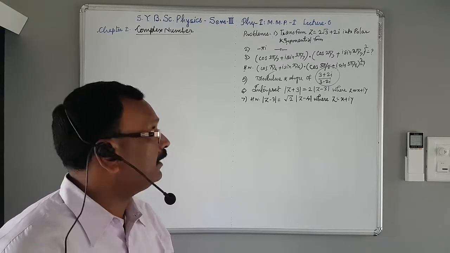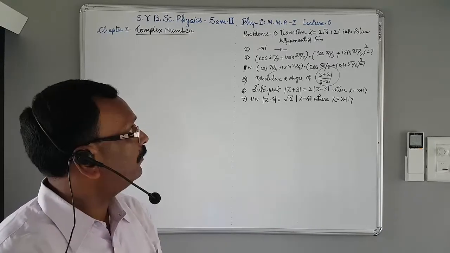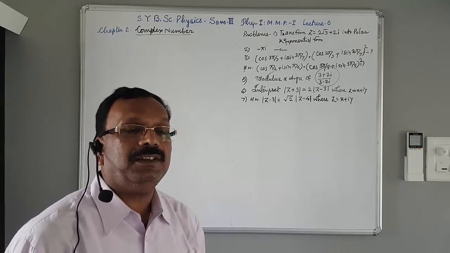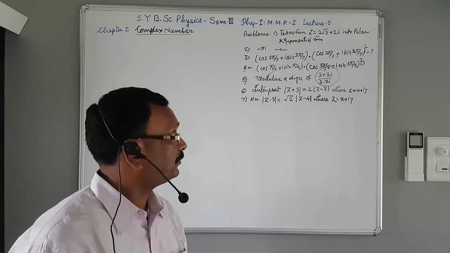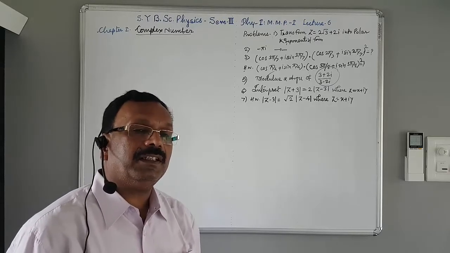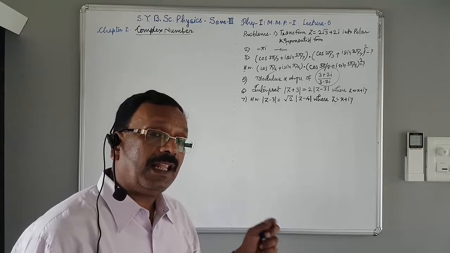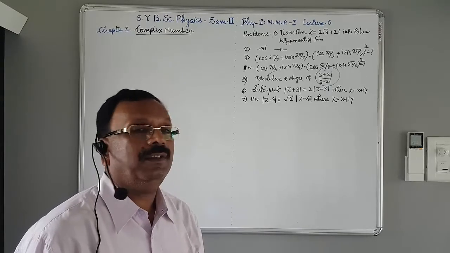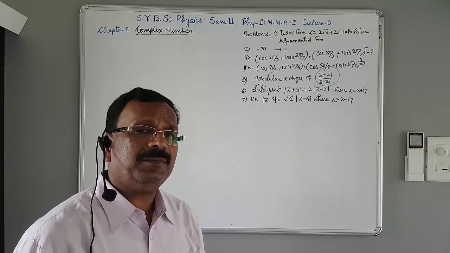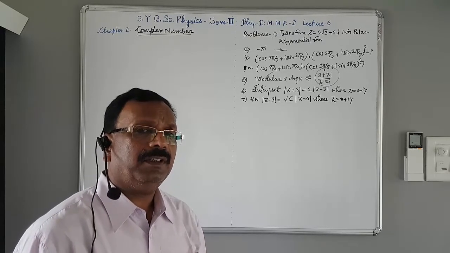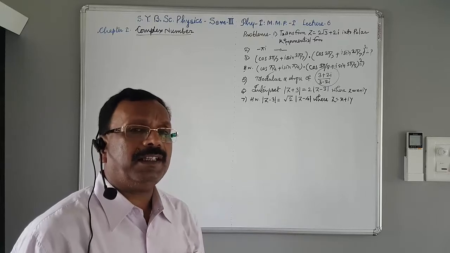This is lecture number 6 of physics paper first, that is mathematical methods in physics first. In the previous lecture we studied complex algebra by using Argand diagram. We also studied some important problems related to Argand diagram and complex algebra.